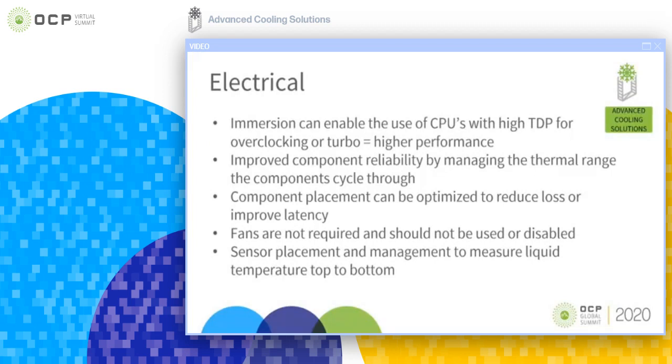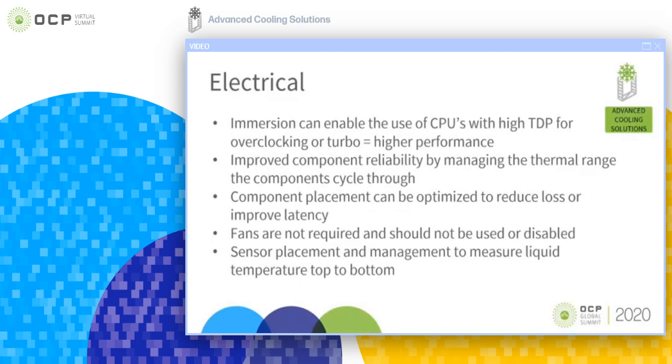Obviously, with immersion, it will enable the CPU to really extend its ability to cook. In other words, turbo processing for higher performance that you might not be able to get in your conventional forced air cooling.